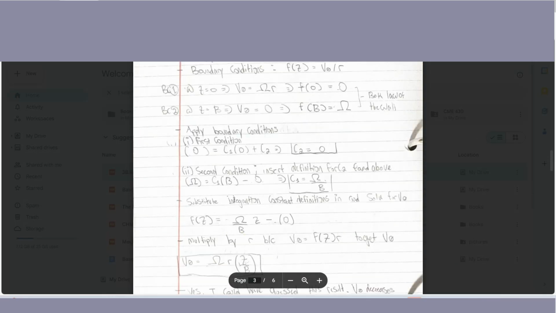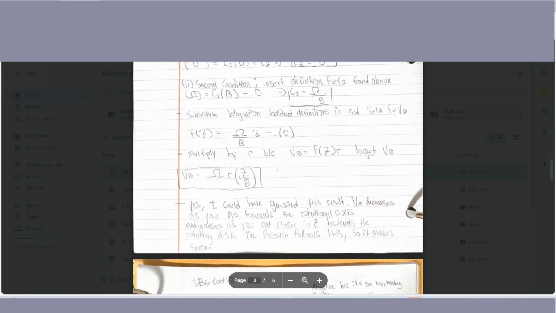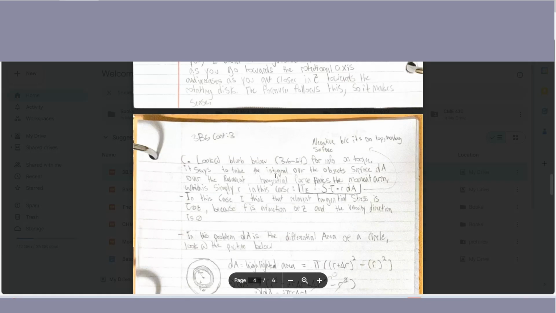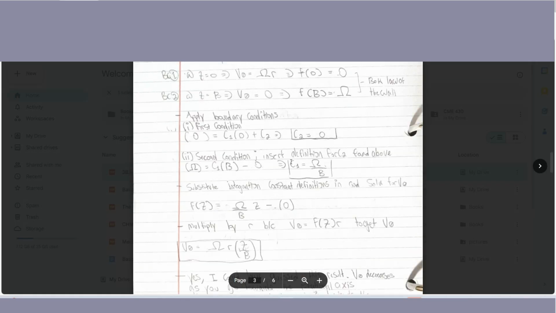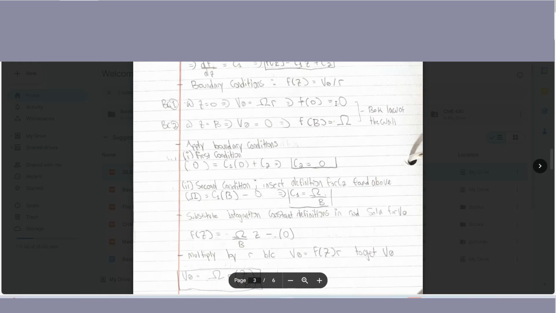So you're just dividing out the radius. Hopefully that makes sense. These are flipped, so this is correct here.